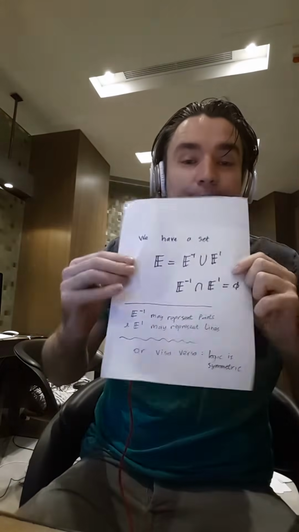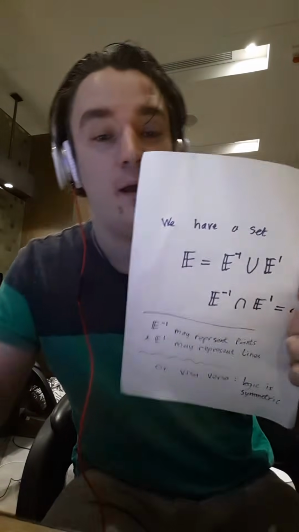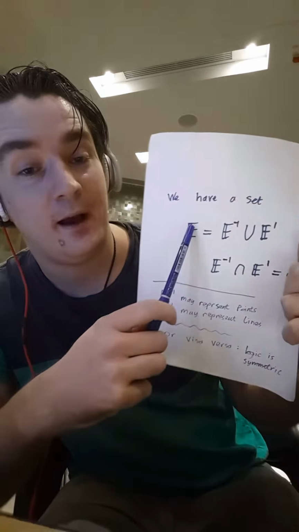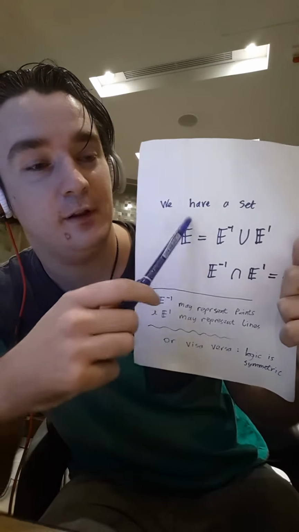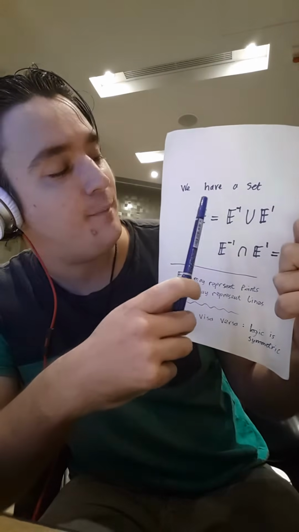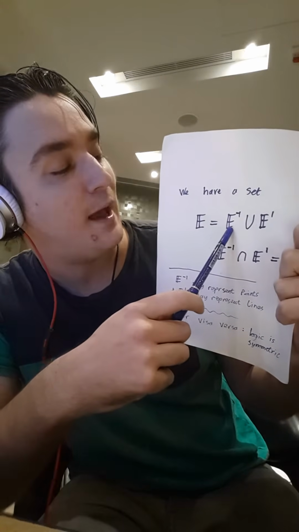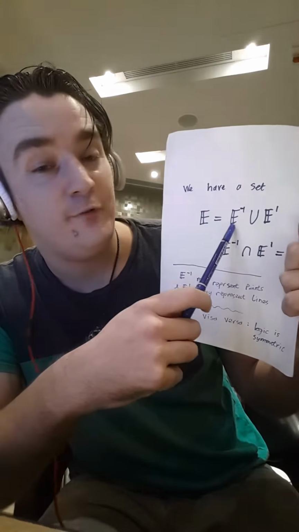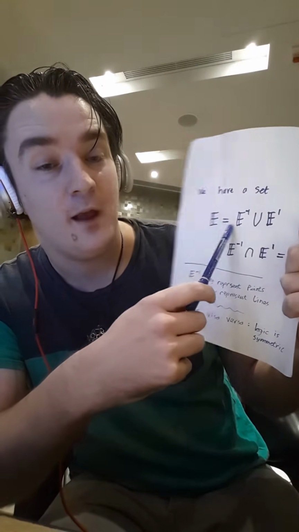We have a set. Okay? I have a set, I call it E, with a little scripty thing, and it's partitioned into two disjoint subsets. One of them would represent the set of points, and one of them would represent the set of lines.